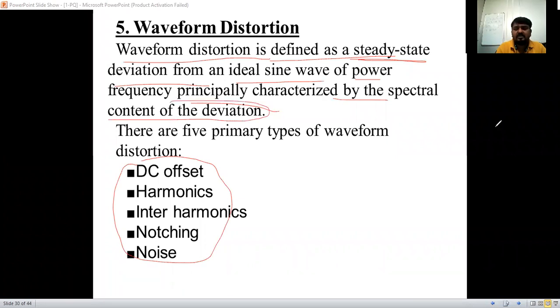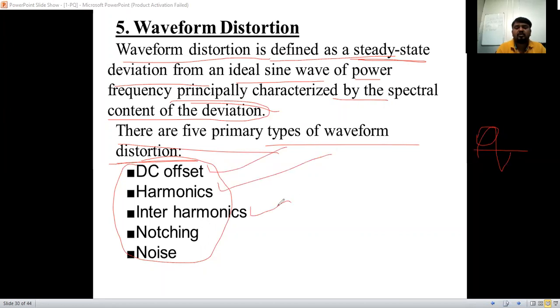There are five primary types of waveform distortions: DC offset, harmonics, interharmonics, notching, and noise. One by one we will discuss the causes for each of these.